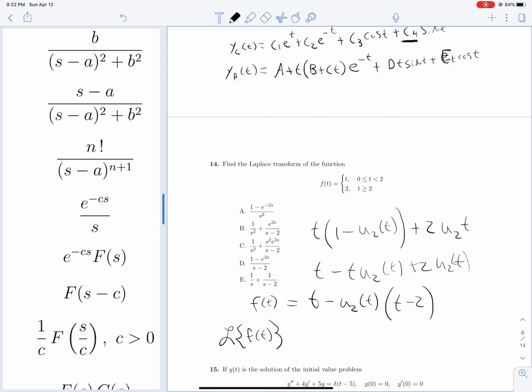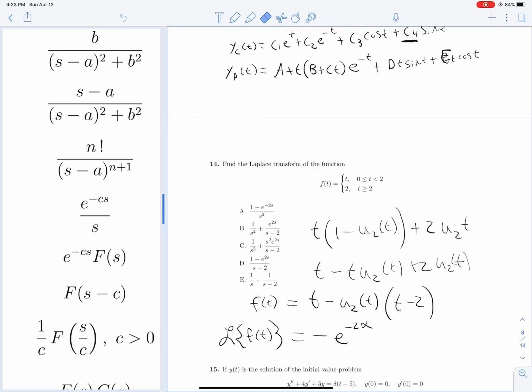So dealing with this portion first, this is going to be minus u2 of t, so c is equal to 2, e to the negative 2 alpha. I'm using alpha as my variable. And then our function f of t is just t here, before we replaced it with t minus c, which is t minus 2.